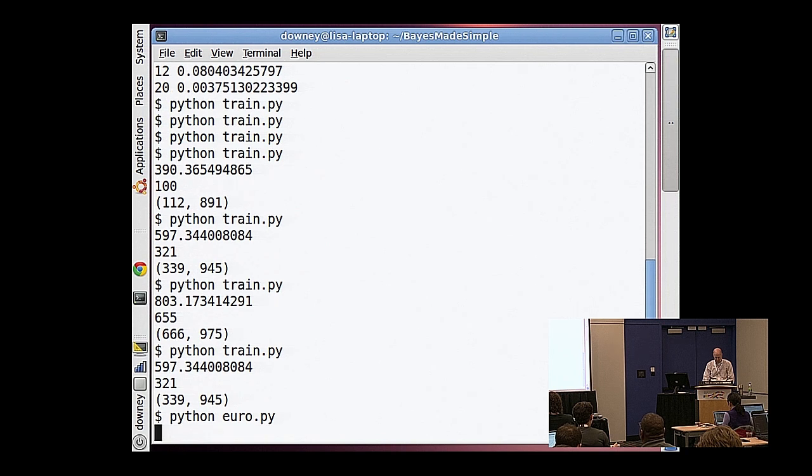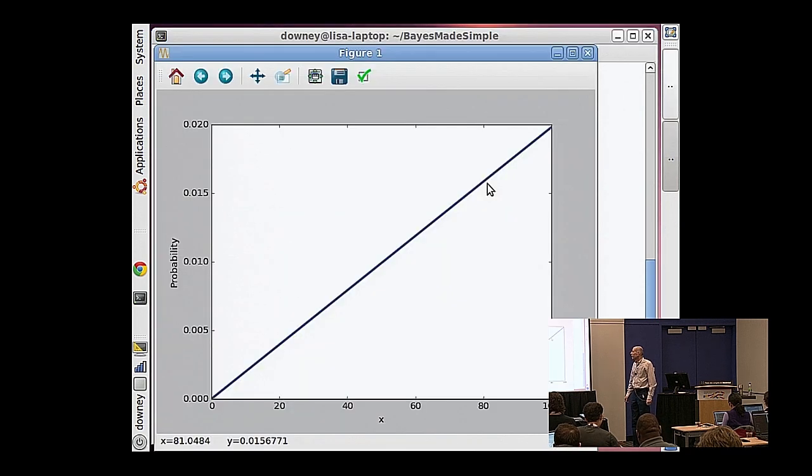euro.py. And while my laptop is working as hard as it can, both squirrels calculating as fast as they can, you can think about what the posterior should look like. So this is after I've seen one heads. Well, we can think about what the endpoints look like. If the hypothesis was 0, the hypothesis is that this coin cannot yield heads, and I see heads. That hypothesis has been ruled out.